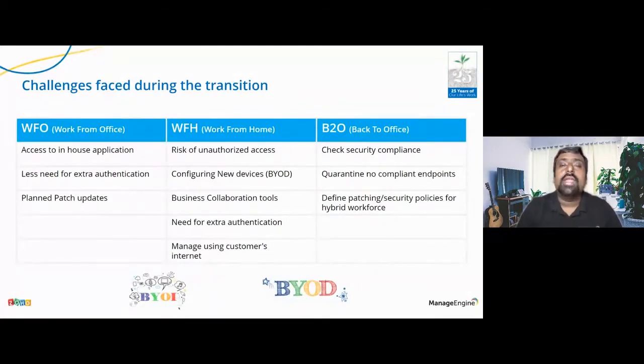First is providing access to your applications. While they connect from different places, when it was work from office, it was a different scenario. You had your applications in house. It could be an on-prem solution, or a separate cloud structure that you have.